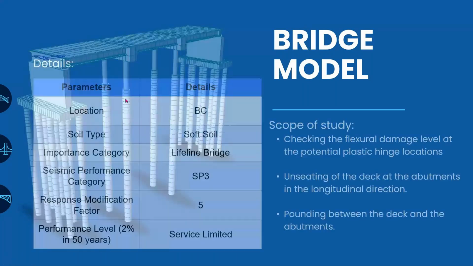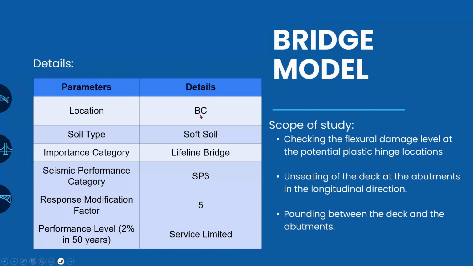For this structure, the location we have considered is BC. The soil type is considered to be soft. The importance category is lifeline bridge, and depending upon this, the seismic performance category was SP3. Thus, the response modification factor in this case would be 5, because it is a multiple bent pier, and the performance level we are considering here is service limited.